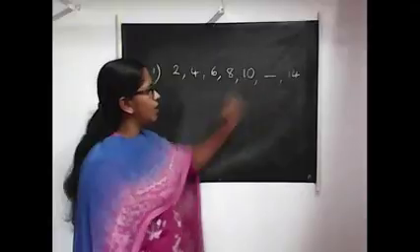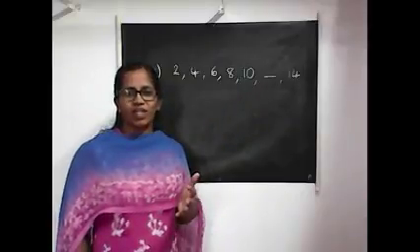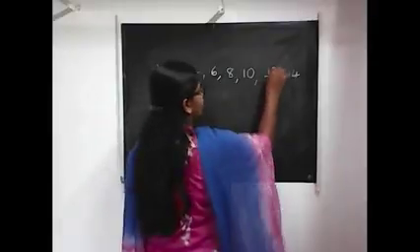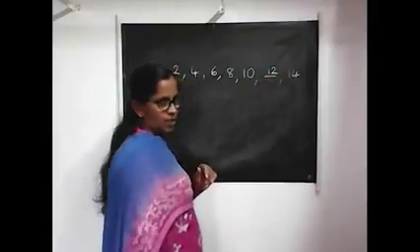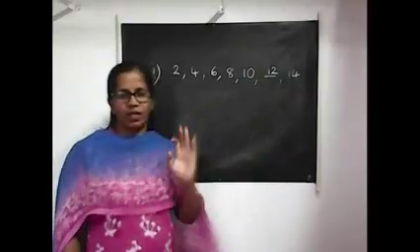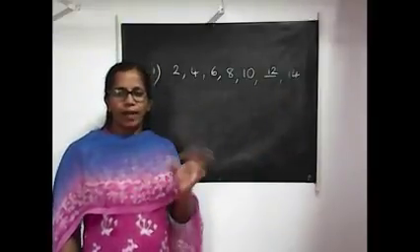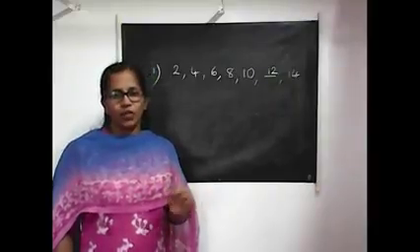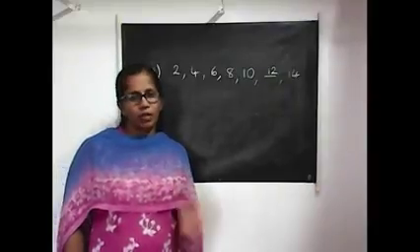Yes. 10 plus 2 is equal to 12, so the missing number is 12. Yes. This is what we call a pattern. There is a pattern for this. Here, some numbers are missing, so that you have to fill them. That's only what you have to do.